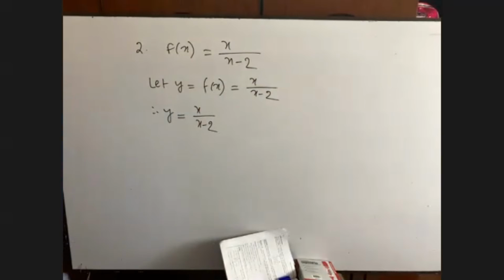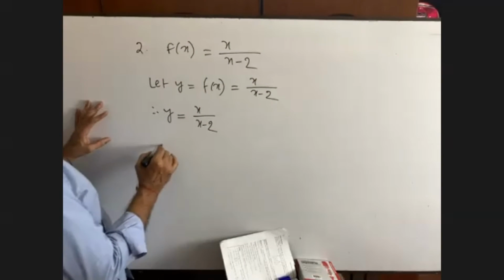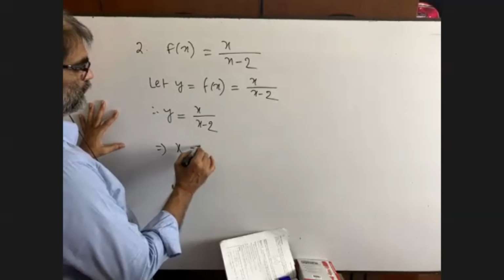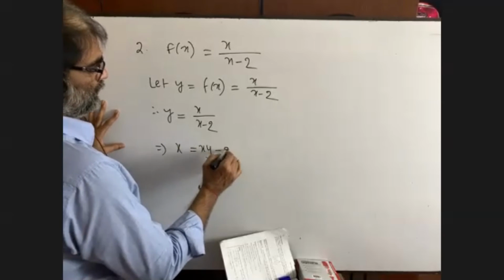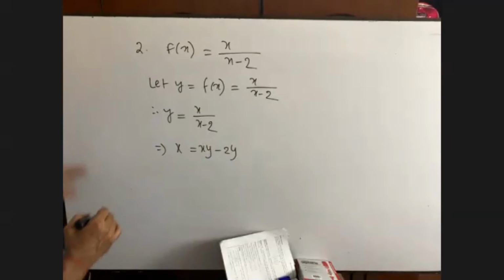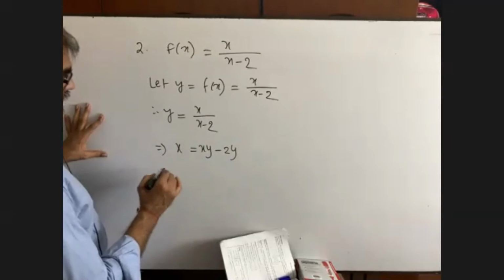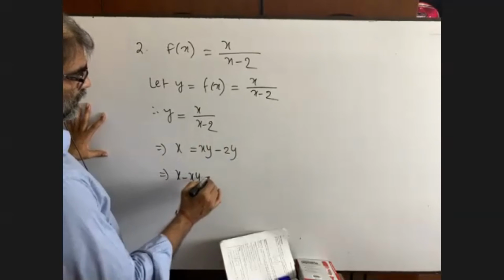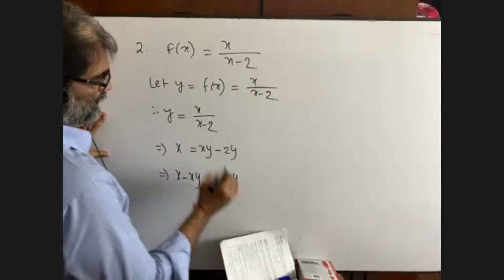I told you to determine the value of x. So we can write x equals xy minus 2y. That means x minus xy is equal to minus 2y.